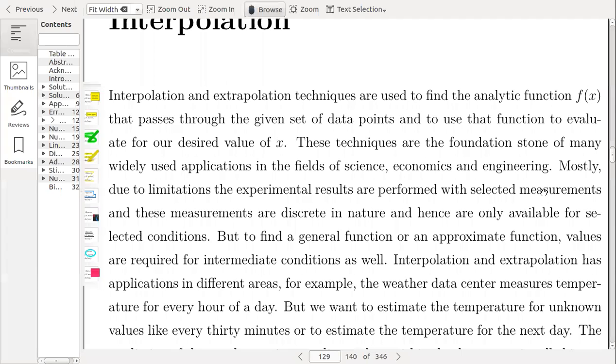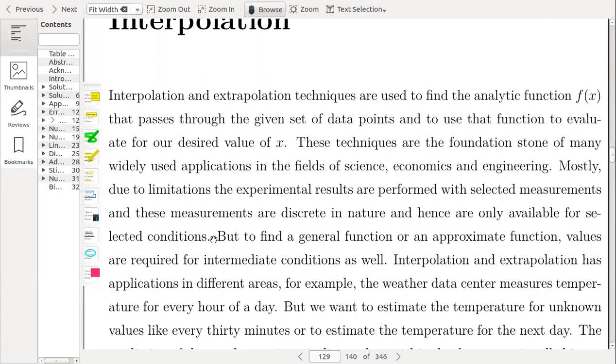Because of these limitations, we perform the experimental results with selected measurements.